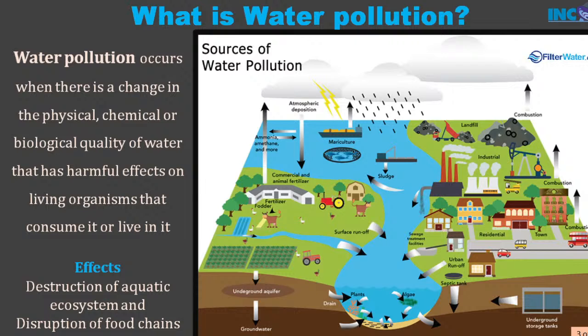We can define water pollution as any physical, chemical or biological change in water quality that is harmful to aquatic organisms. When water becomes unfit for its intended use, we can consider it highly polluted. Due to this water pollution, the main effect on the aquatic ecosystem is complete destruction, which leads to food chain disruption.